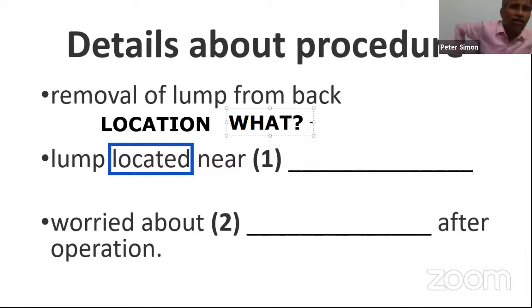So back. When you say back, what are the parts there? Shoulder, right shoulder, left shoulder. Neck area. Lung area, or the back side of the lungs. Or here, hip area, or waist area, or stomach area.